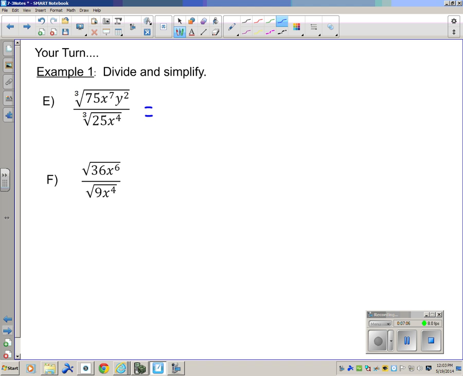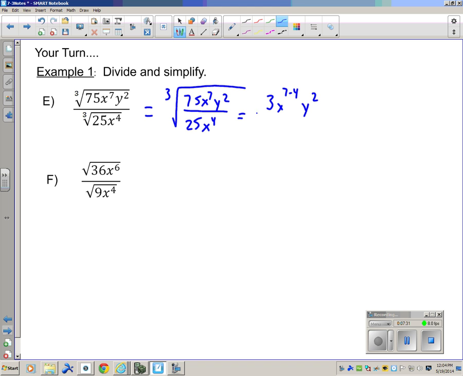So working through this, I could put it together. Do my division here first. 75 divided by 25, there's 3, and 75 is bigger, so it's going up there. I can subtract x to the 7th divided by x to the 4th, gives me x to the 3rd, because I can take 7 minus 4.